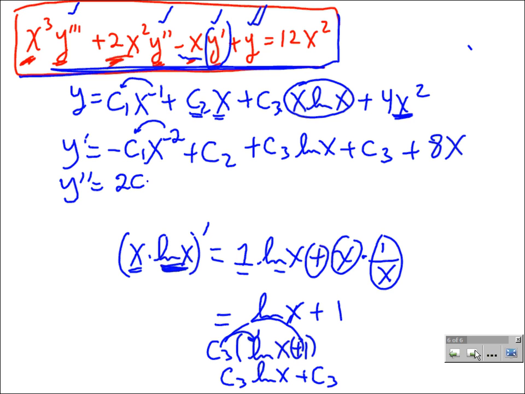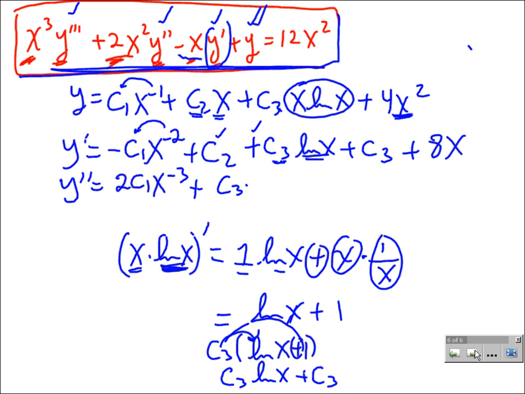You get 2c1 and make the new power 1 less. The derivative of a constant is 0. Plus the derivative of a constant times ln of x is the constant times the derivative of ln of x.